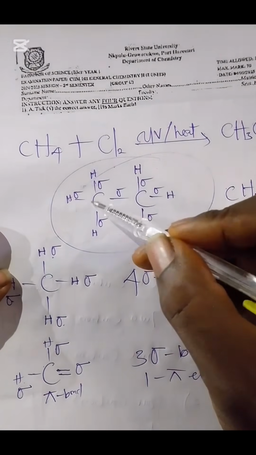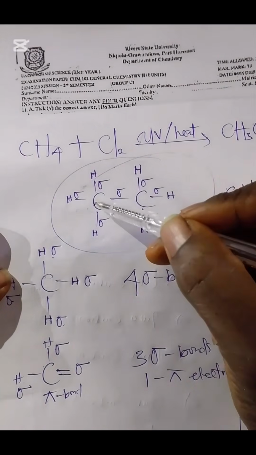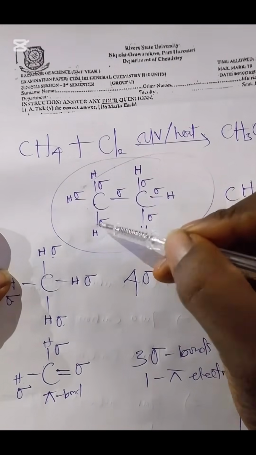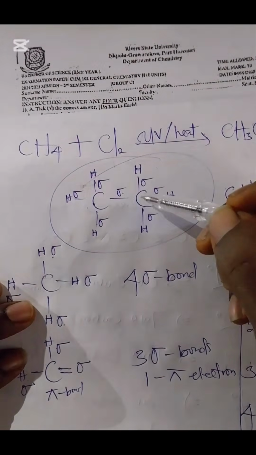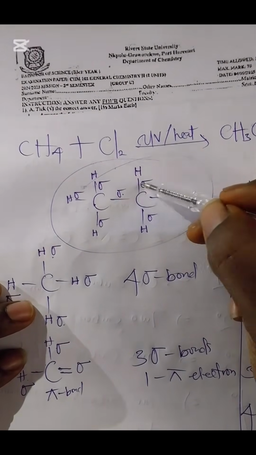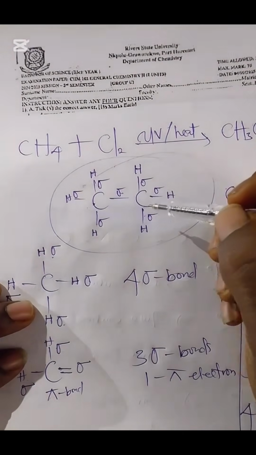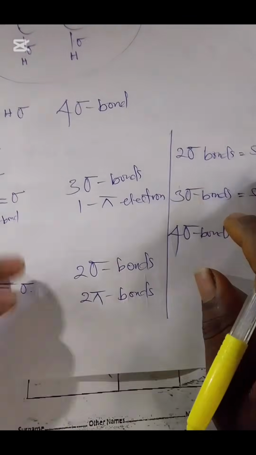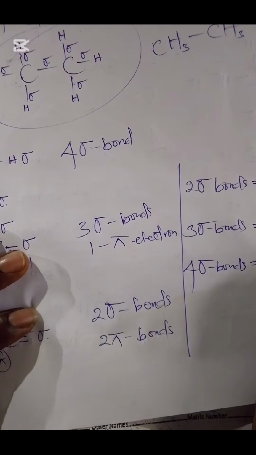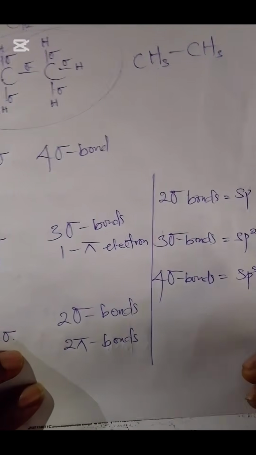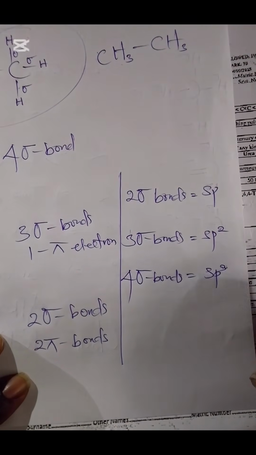In this carbon atom, we have 4 sigma bonds surrounding it. Also, in this carbon, we have 4 sigma bonds. That is to say, each carbon in this diagram contains 4 sigma bonds, which is sp3 hybridized.